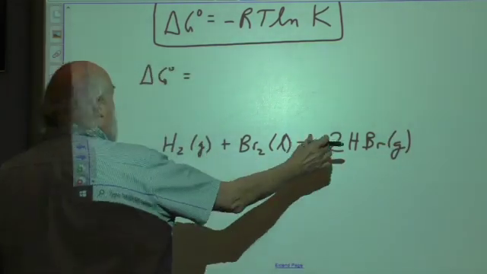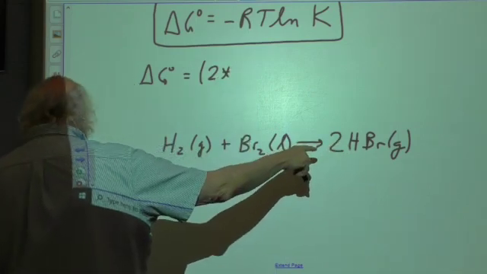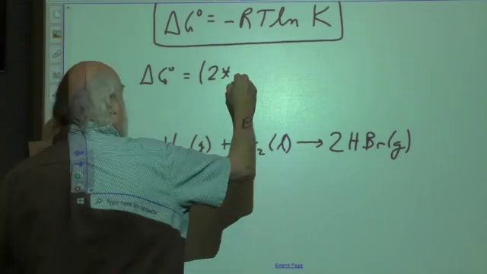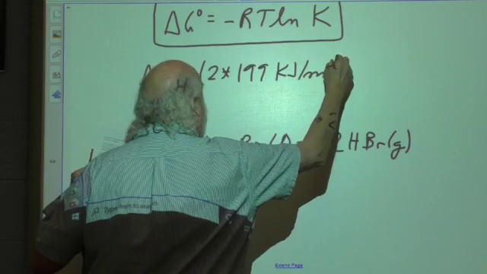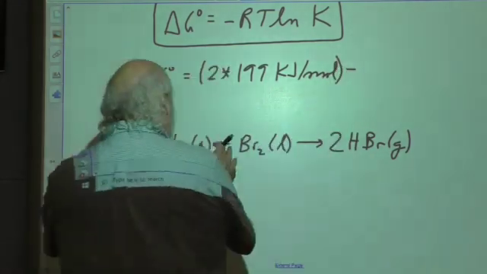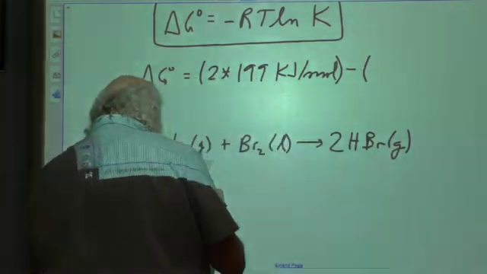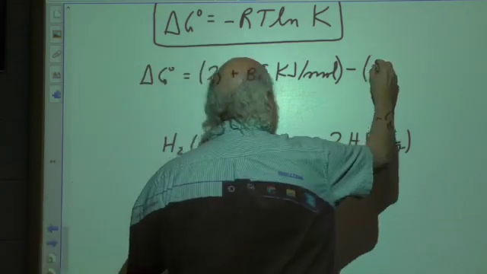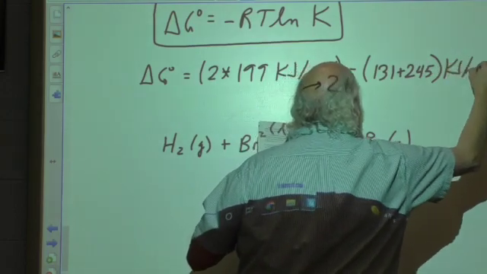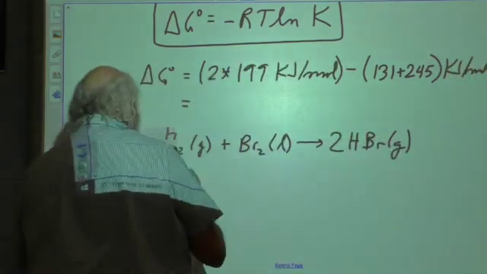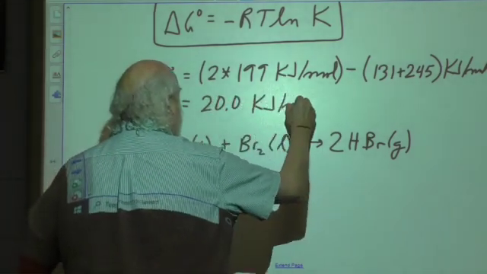Okay, so I need to take 2 times the delta G of HBr, which is 199 kilojoules per mole, minus the sum of H2 gas and Br2 liquid, and according to the charts, I have for those values 131 plus 245 kilojoules per mole. So when the smoke clears, my value for this is 20.0 kilojoules per mole.